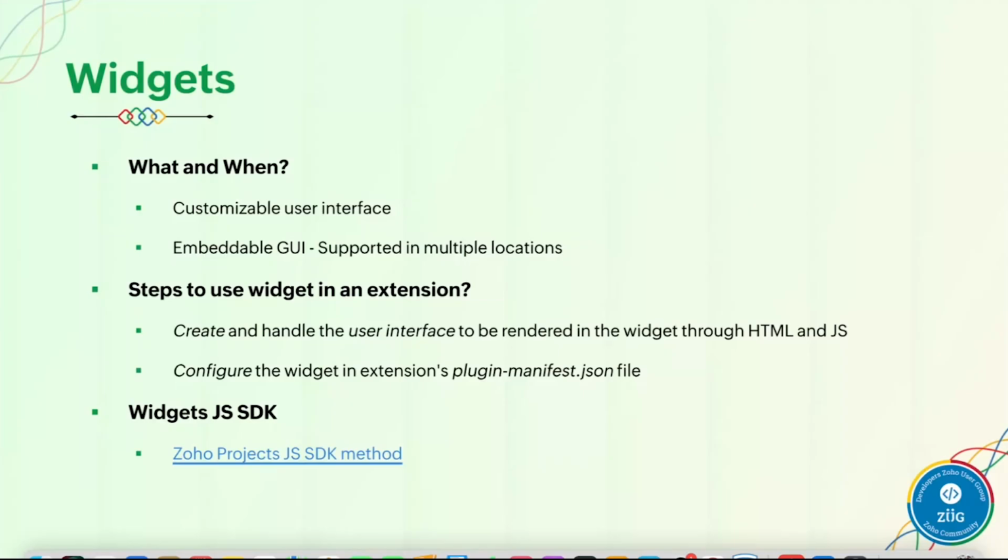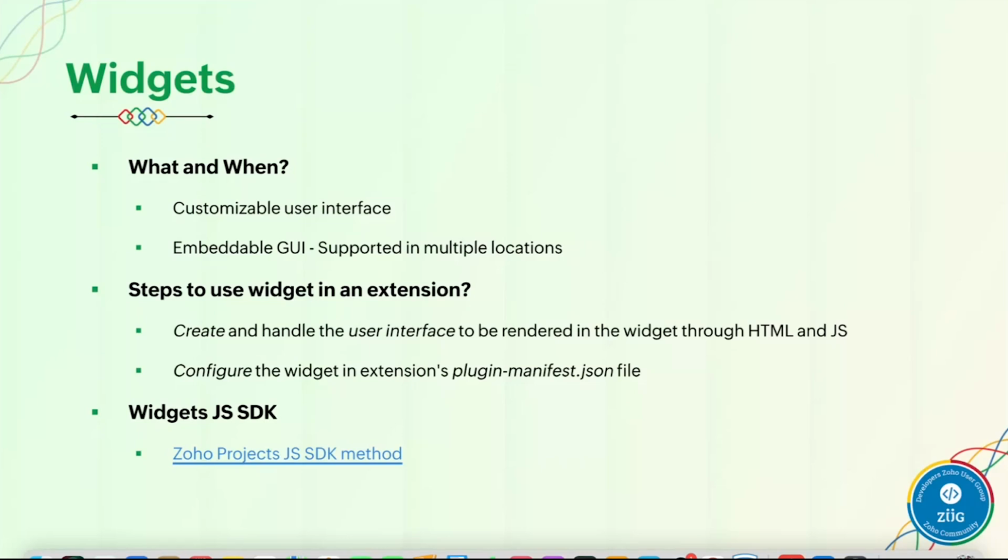After you create that widget, the second step is configuring it as part of your extension's plugin manifest file. If you remember, while we created an extension, there was a sample widget which is automatically available in the plugin manifest file. In a similar way, you can create any number of user interfaces that you want, and all those user interfaces will have to be configured as part of your extension's plugin manifest file in order for them to be reflected in your extension functionality.